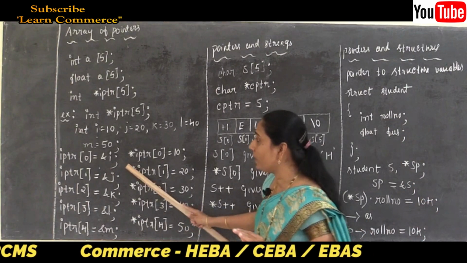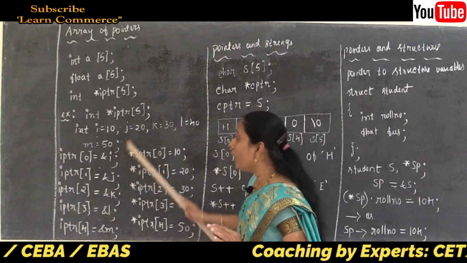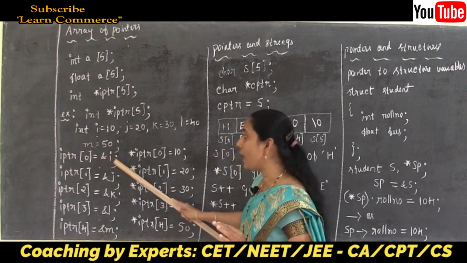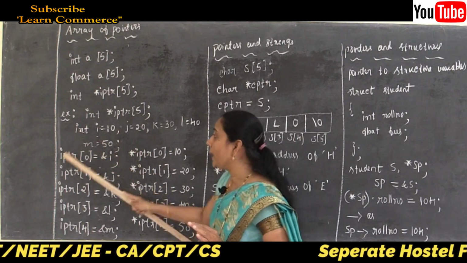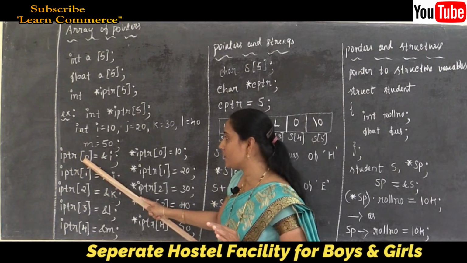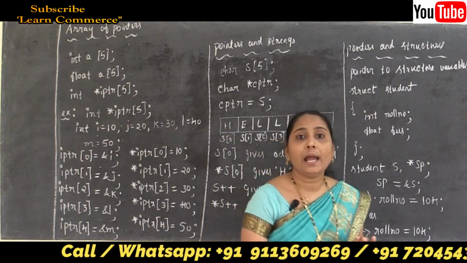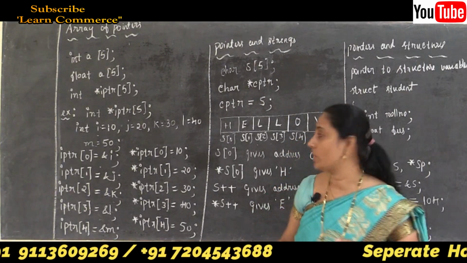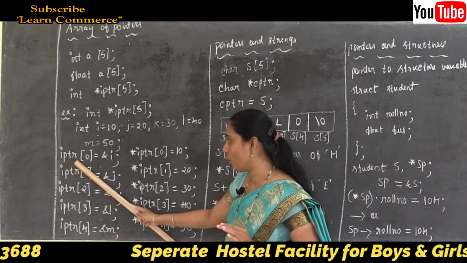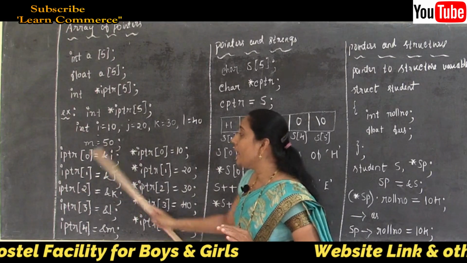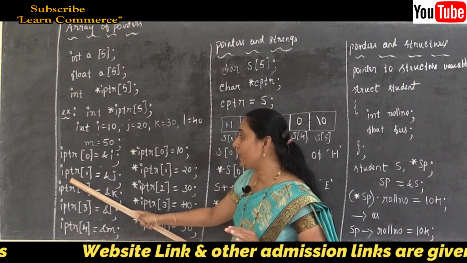After that, ampersand i, which is the address of i, is assigned to iptr of 0, and ampersand j, the address of j, is held by iptr of 1.